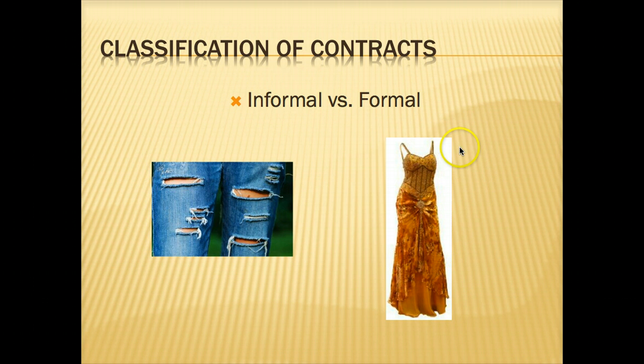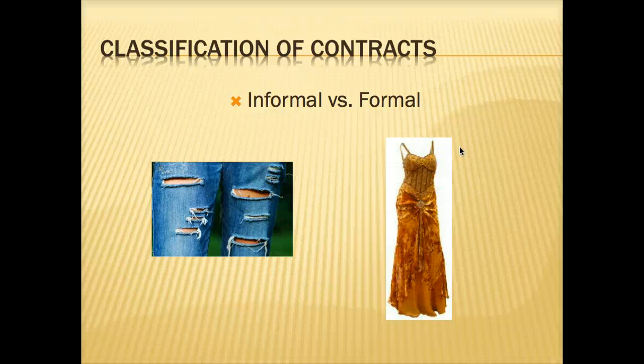And the idea is that when you look at contracts, one of the things the law looks at is whether the law requires a whole lot of formality in making the contract. And the answer is generally no. The law does not require a whole lot of formality. Now, it does require elements of a contract to be present.